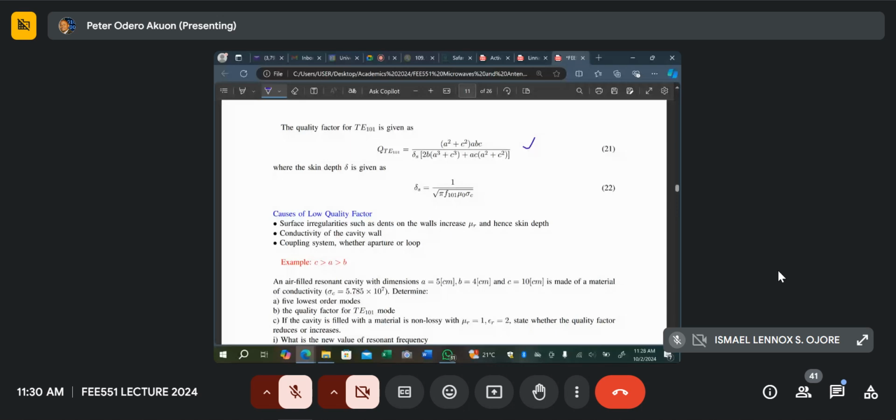So do you think the skin depth also depends on the permittivity of the material?